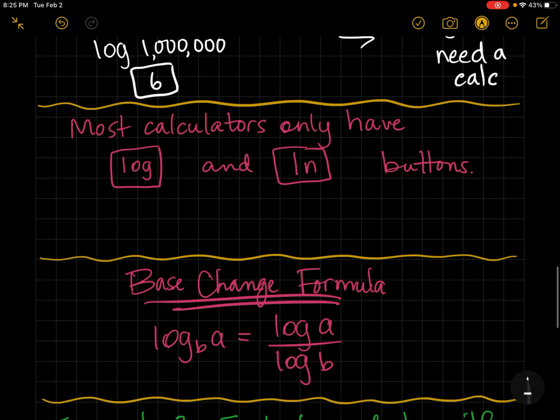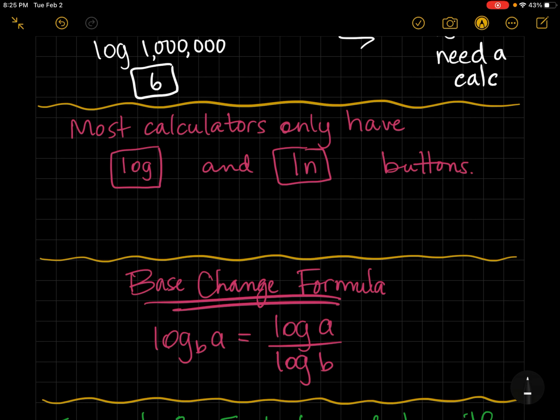Let's talk now about calculators. Most calculators only have a log button, which is log base 10, and an LN button, which is what we call the natural log. We'll learn about that next time.